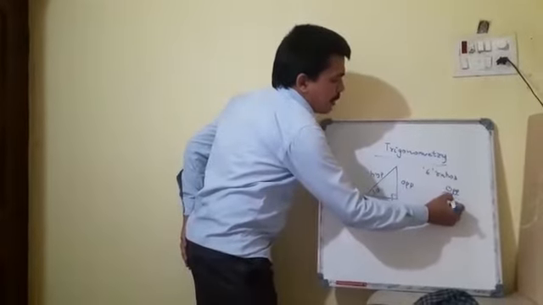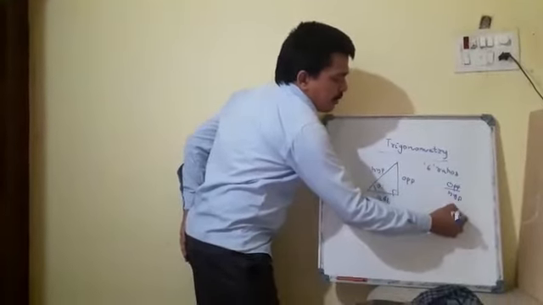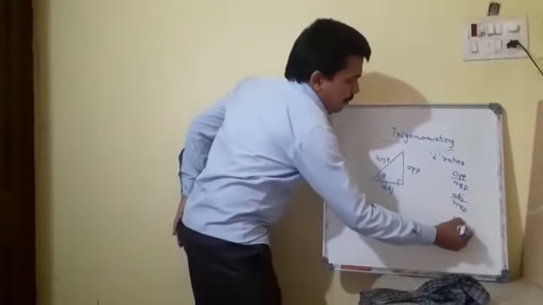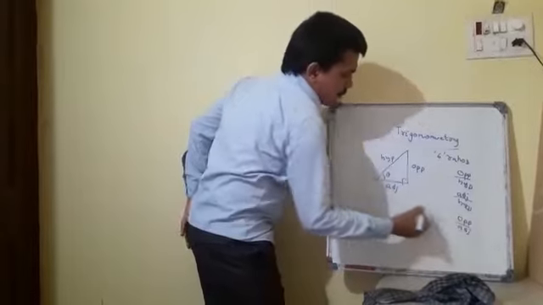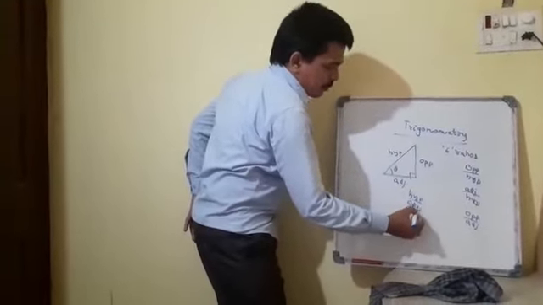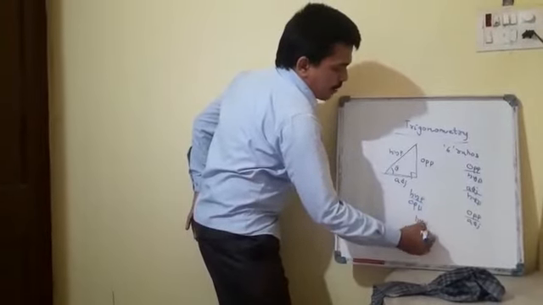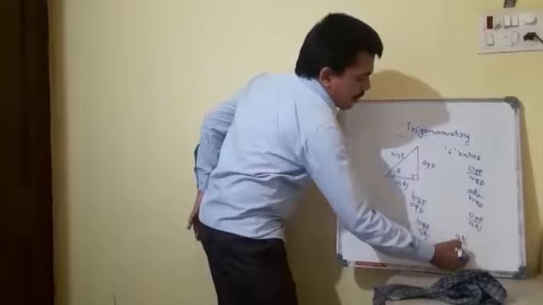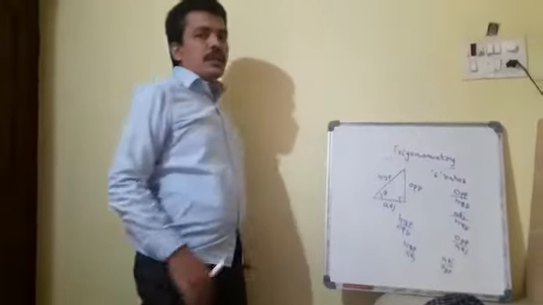Opposite by hypotenuse is one ratio, adjacent by hypotenuse is one ratio, opposite by adjacent side is one ratio, next hypotenuse by opposite side is one ratio, again hypotenuse by adjacent side is one ratio, and again adjacent side by opposite side is one ratio. So they got 6 ratios.